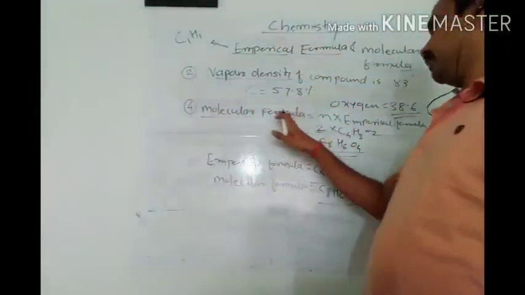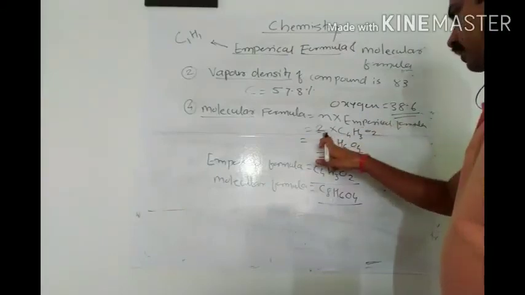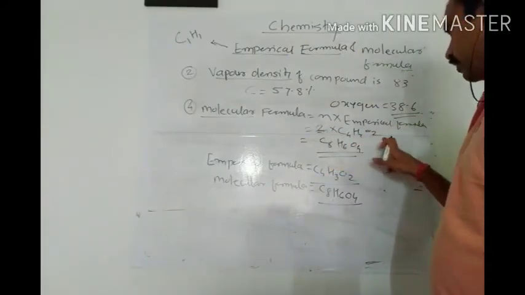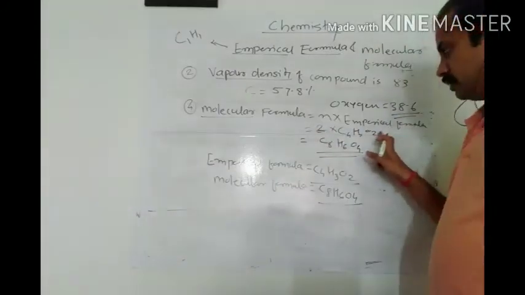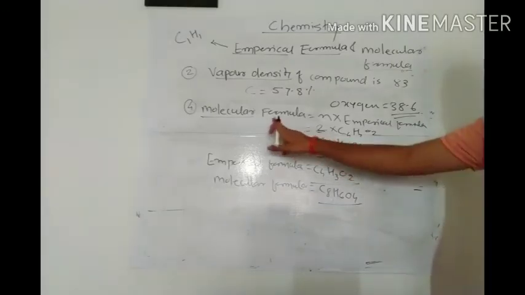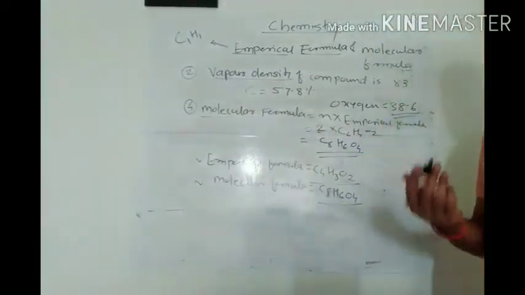Once you get n, you put the value of n in the formula n into empirical formula. So here 2 into C4H3O2, which I got as the empirical formula in the previous step. So C8H6O4 is nothing but the molecular formula. This is how you can write down these two important formulas.